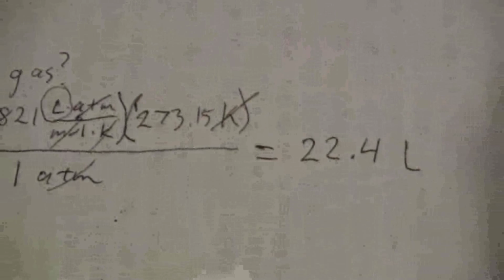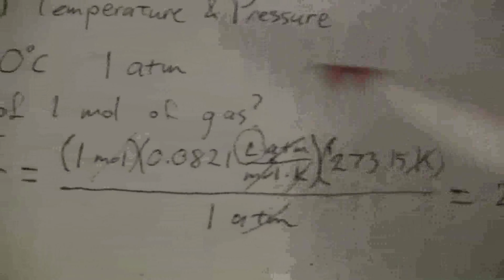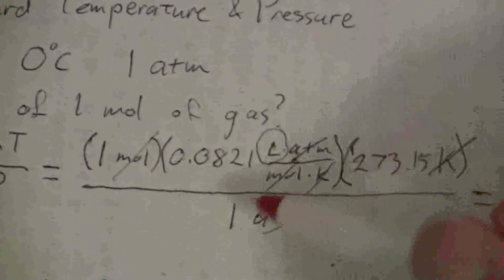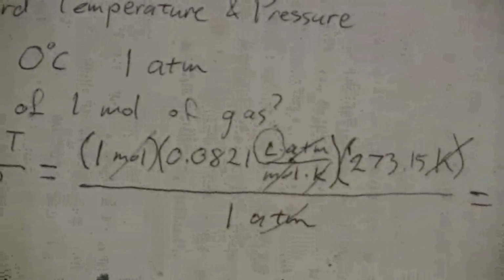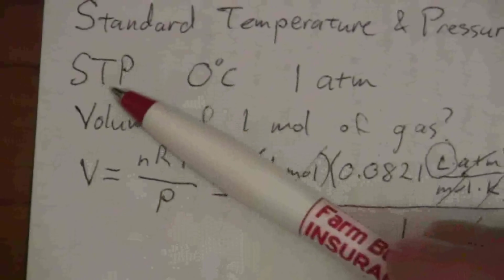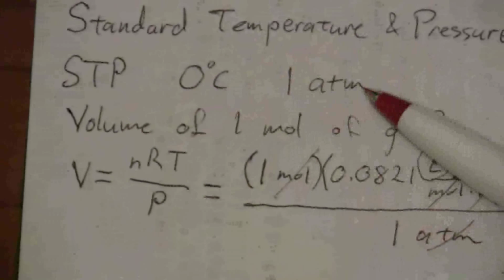Now we didn't even specify what gas we're talking about. So any gas, it doesn't really matter what gas it is: helium, hydrogen, neon, air, any kind of gas, at standard temperature and pressure, so at 0 degrees C and 1 atmosphere.